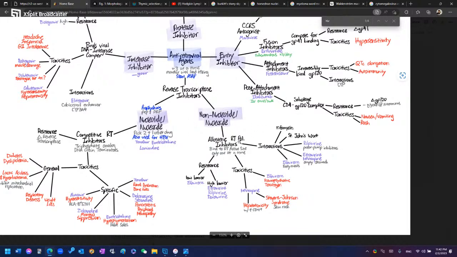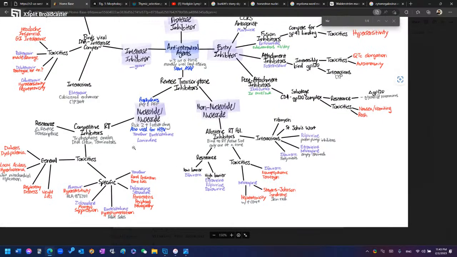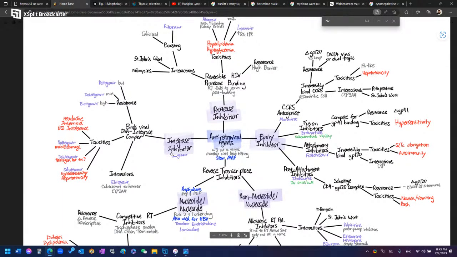We have non-nucleotide ones that are inhibitors of our reverse transcriptase. And there's a ton here. God, I don't think I'll remember these. Wow. There's integrase inhibitors, which are going to prevent the virus from incorporating into the cell.